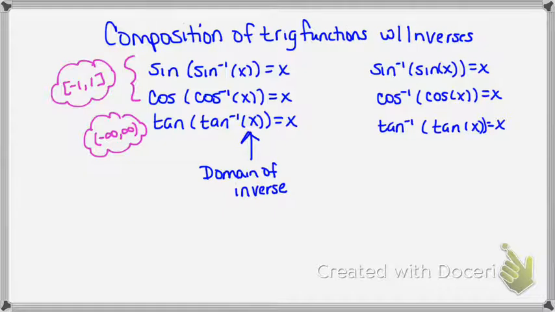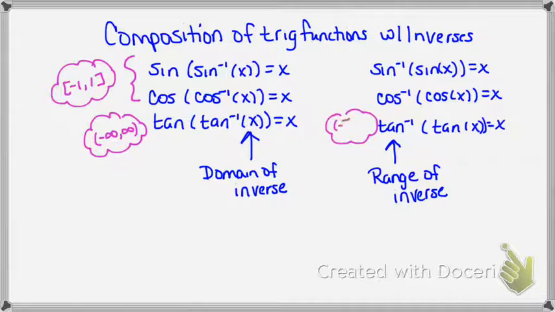Now, if the inverse is on the outside, that means it's having to deal with that final answer, okay? And therefore our answer is always our y values, which is always our range. So if the inverse is on the outside, you have to think of the range of the inverse. For tangent, that's negative pi over 2 to pi over 2.